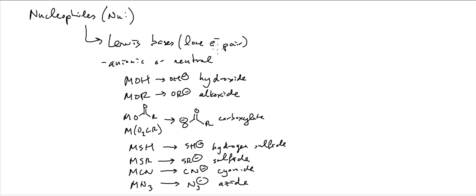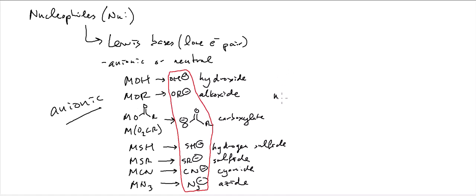So these are all anionic nucleophiles. And when we're talking about the anionic nucleophiles, we're talking about these guys here. These would be the nucleophiles that are doing the nucleophilic substitution on a particular carbon center. Now the M would just be a spectator ion in this reaction. So this is anionic.